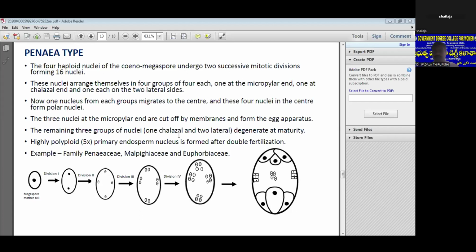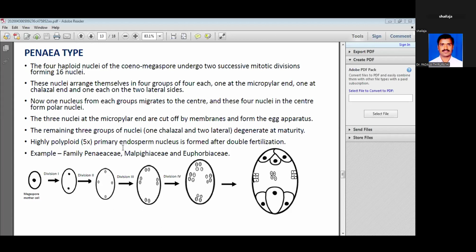Please understand. The 3 nuclei at the micropylar end are cut off by membranes and form the egg apparatus. See here, these are the 16 nuclei formed. So the 3 at the micropylar end are cut off by membranes. Okay, that is the egg apparatus: egg and 2 synergids.